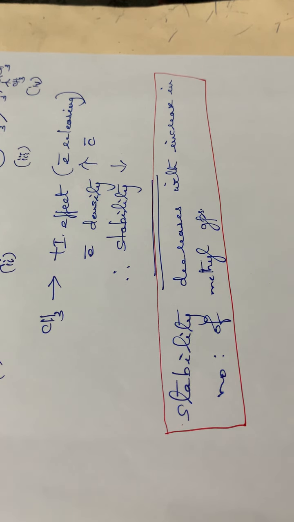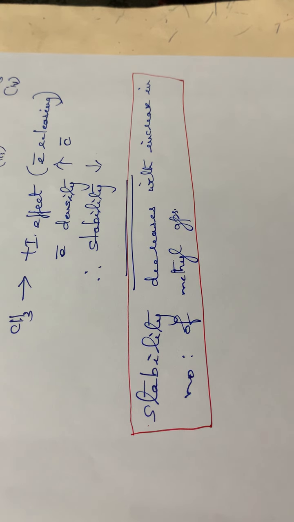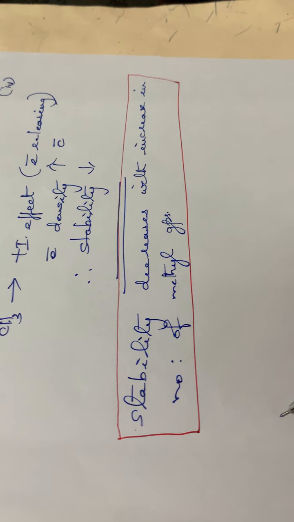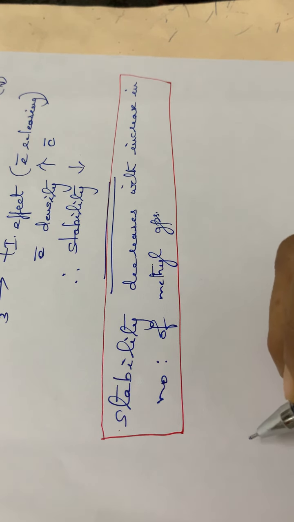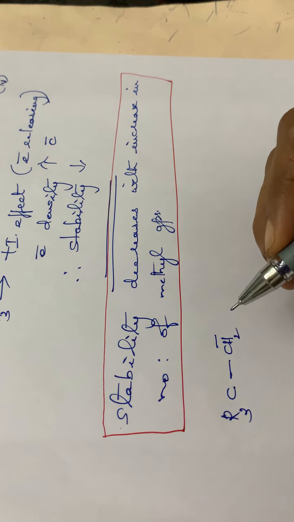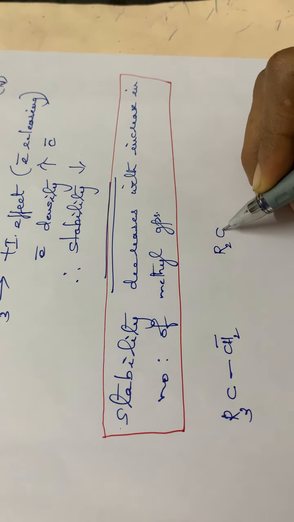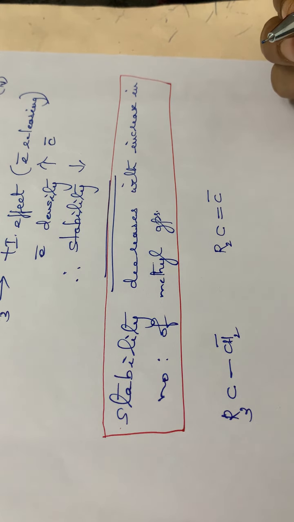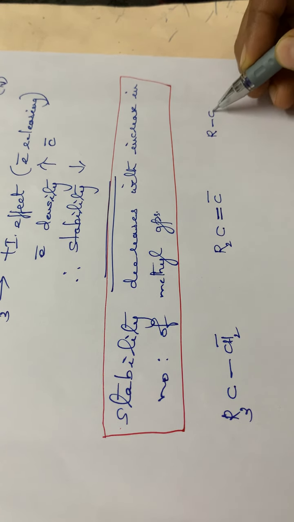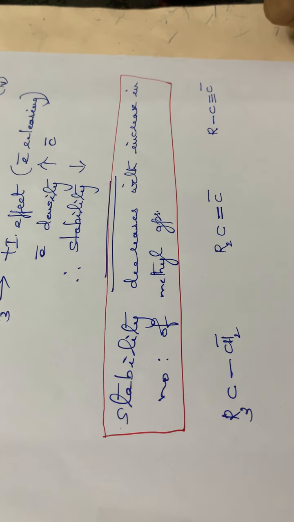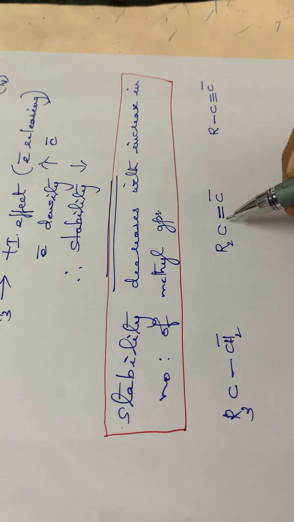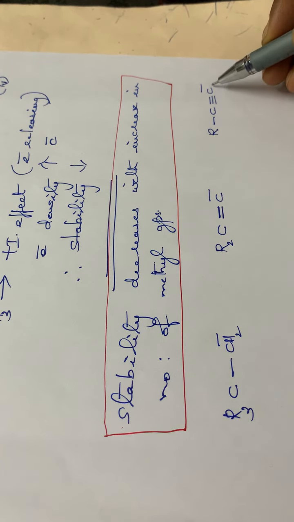Then there is another explanation regarding this stability with respect to the S character of the orbitals. For example, I am writing three combinations: R3C CH2 minus, a single bonded carbanion; then R2C double bond C minus, a double bonded compound, an alkene; then the third one, RC triple bond C minus.